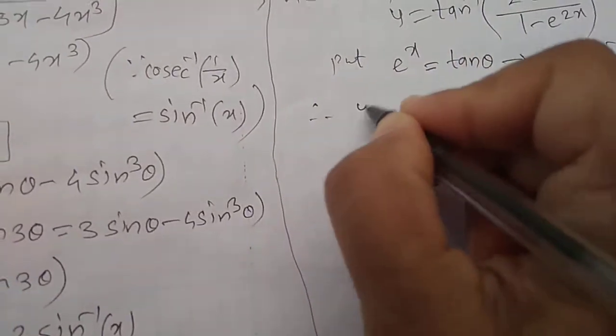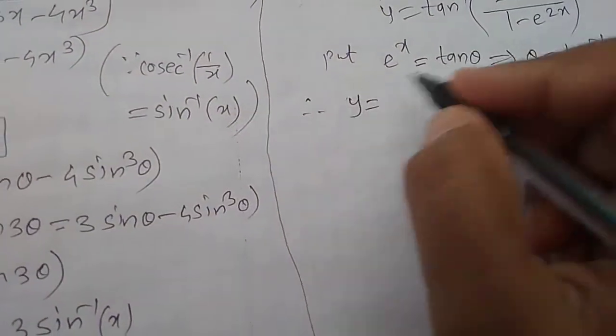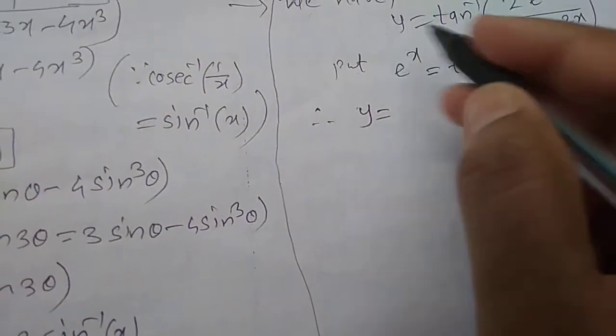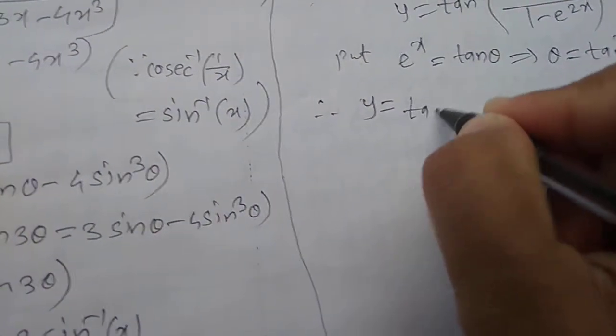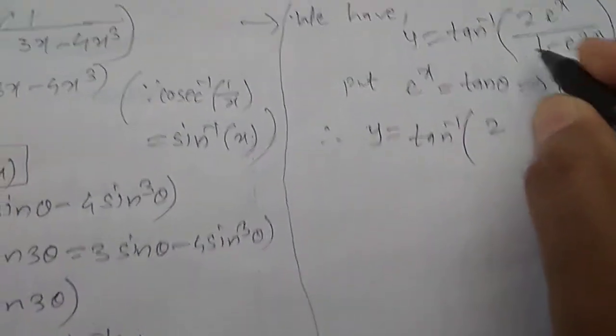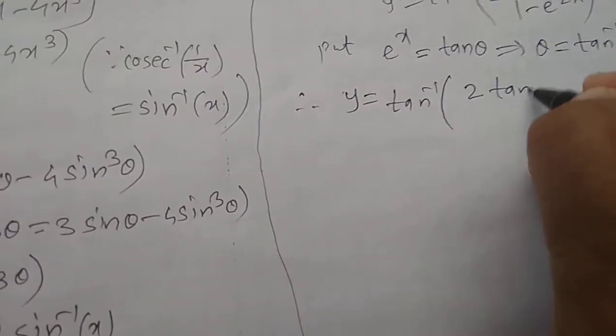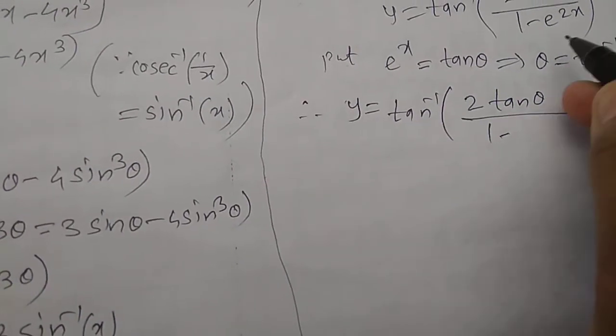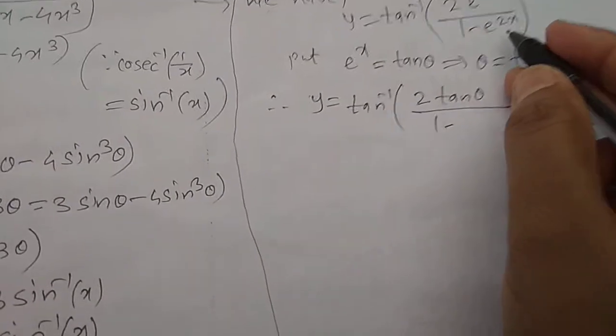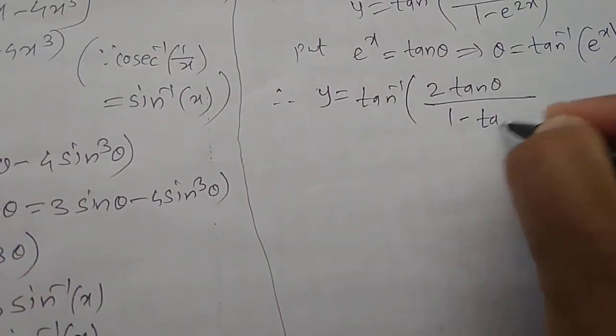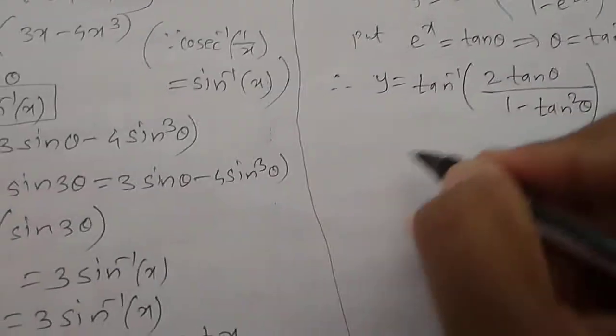Therefore let us see above equation y is equal to tan inverse of 2 e raised to x means 2 tan theta upon 1 minus e raised to 2x means e raised to x square, therefore tan square theta.